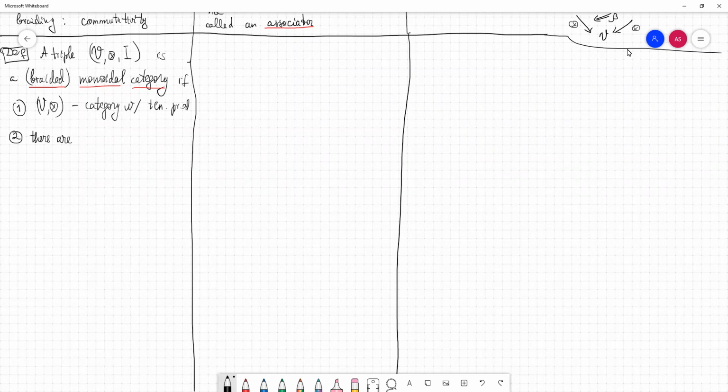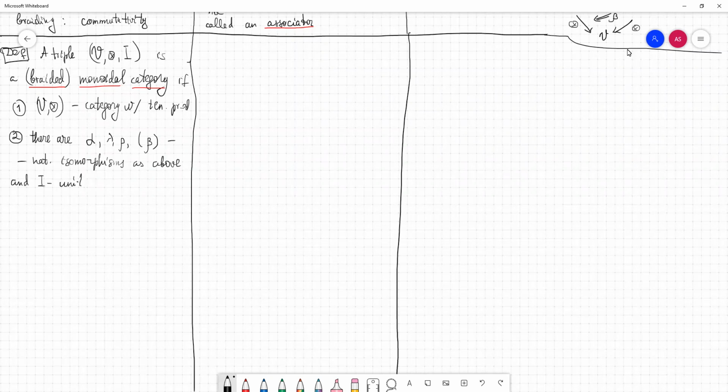There are an associator alpha, left and right unitors lambda and rho, and in parentheses braiding beta, and I is a unit.